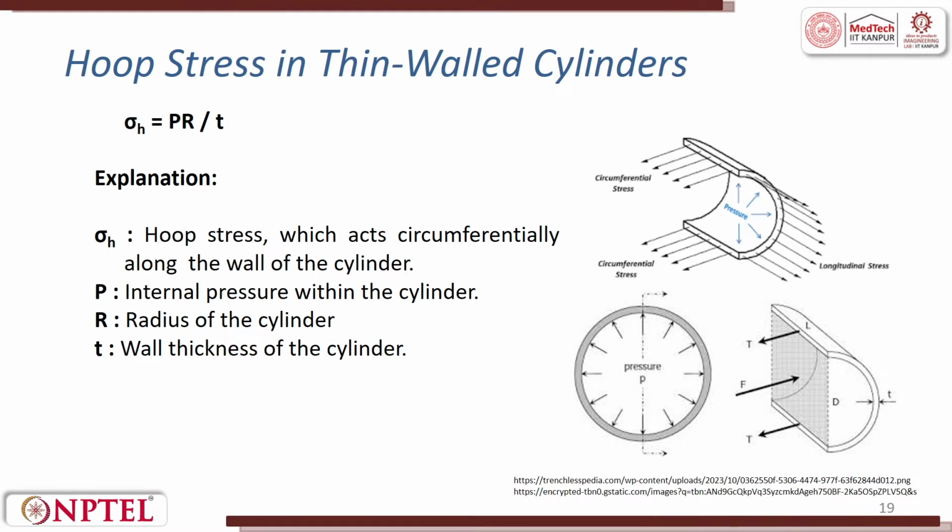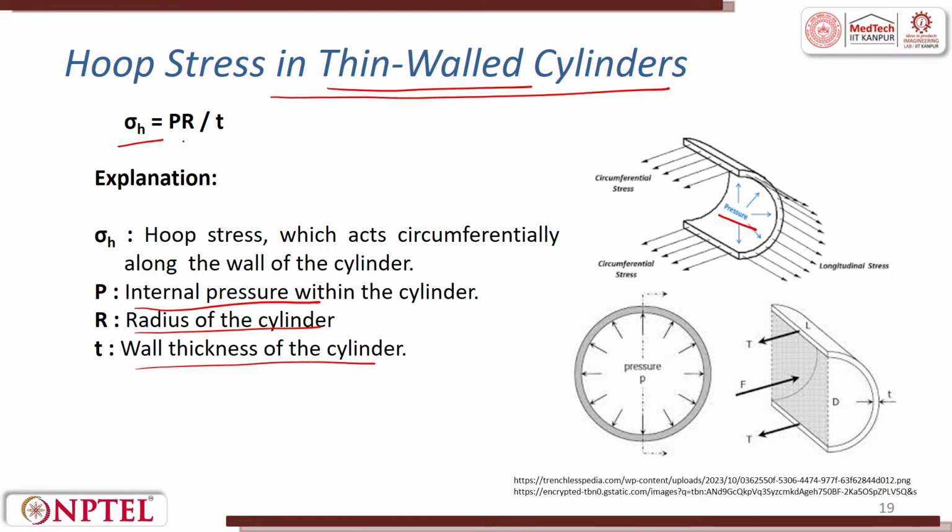Let us try to recall our concepts on the cylinders. Hoop stress, if you recall, in thin walled cylinders is induced in a cylinder having internal pressure P within it and radius r. So, P is internal pressure, r is radius of the cylinder, t is the wall thickness of the cylinder. We are talking about thin walled cylinder.